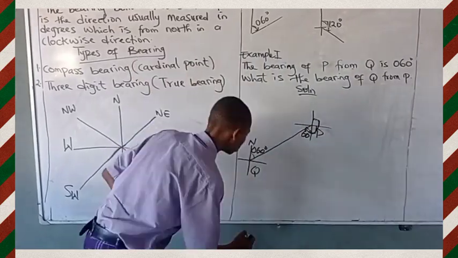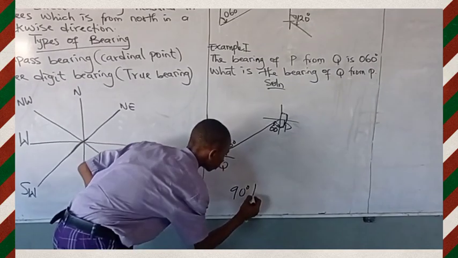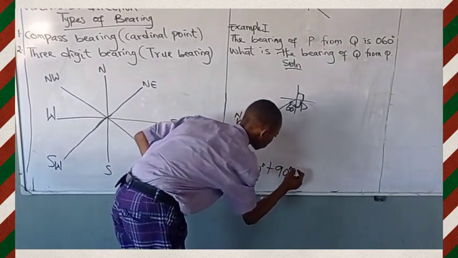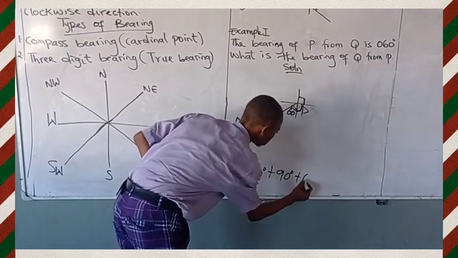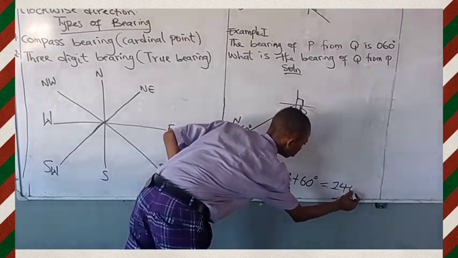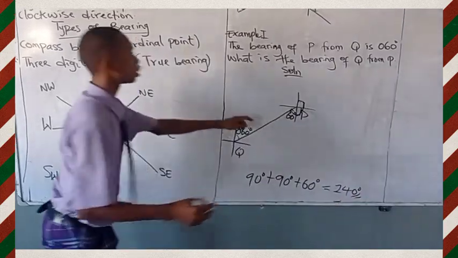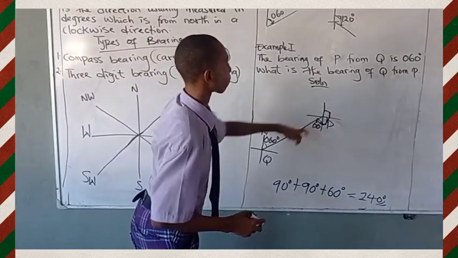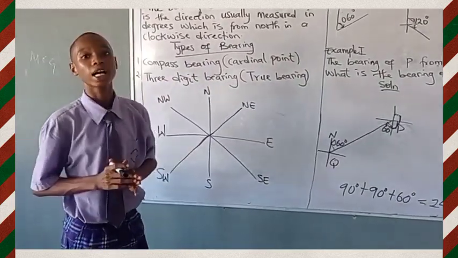We simply do 90 degrees plus 90 degrees plus this 60 degrees to give us 240 degrees. So this is the bearing of Q from P. Is that understood?